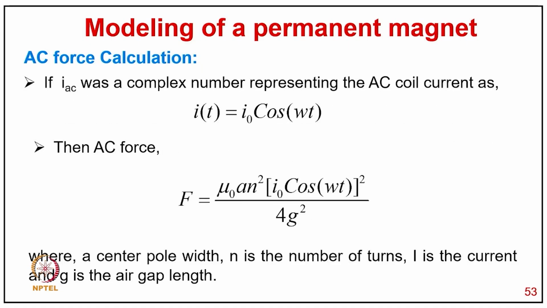And if I AC is the complex number representing the AC coil current, so I equals I0 cos omega t, then AC force will be F equal to mu 0 N squared A (I0 cos omega t) squared divided by 4G squared, where A is the pole width, N is the number of turns, I is the current, and G is the gap length.